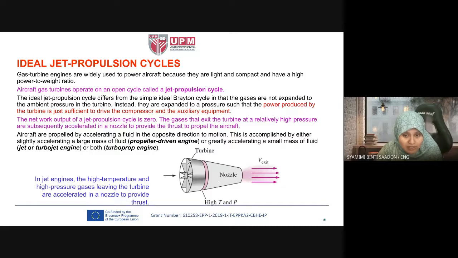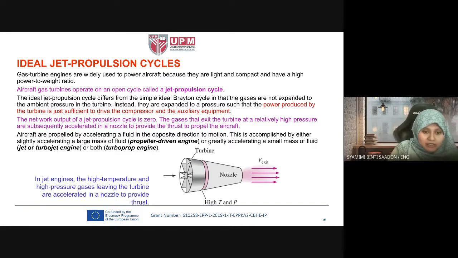This nozzle helps to increase the velocity and kinetic energy of the air into a high speed gas flow, so we can produce propulsion power to propel the aircraft. The thrust power is more important. This is accomplished by either slightly accelerating a large mass of fluid, propeller-driven engine, or greatly accelerating a small mass of fluid, jet, or both, turboprop engine.